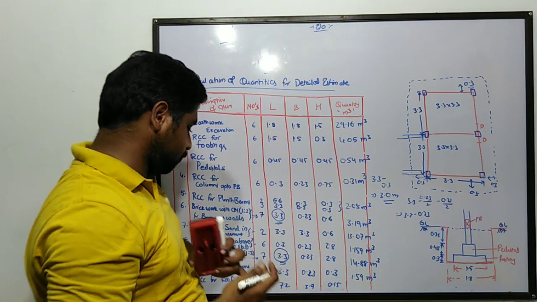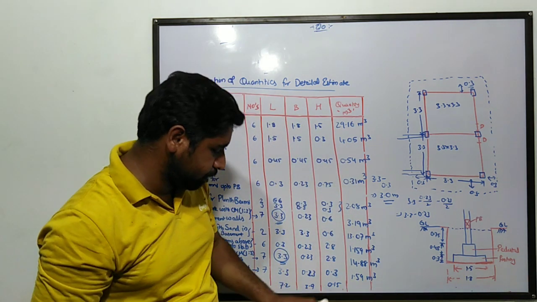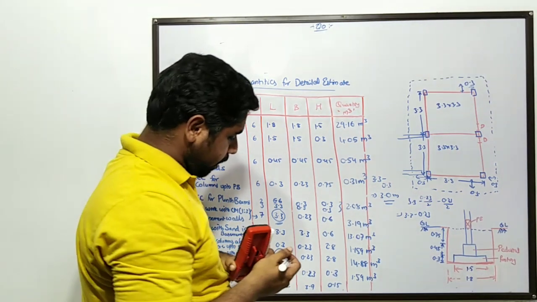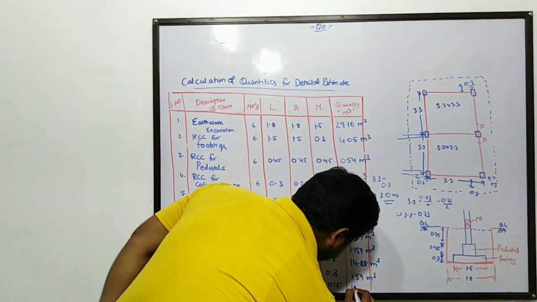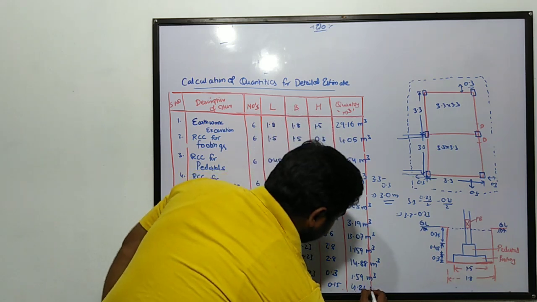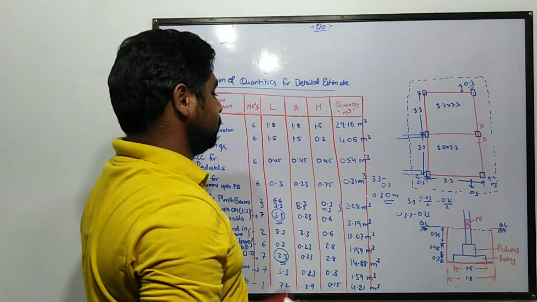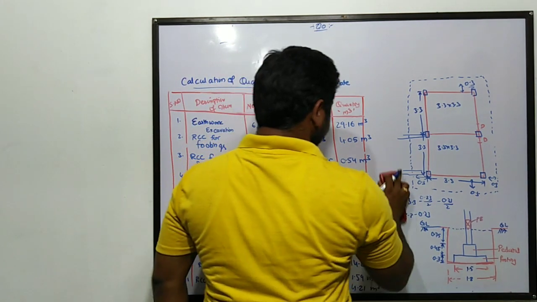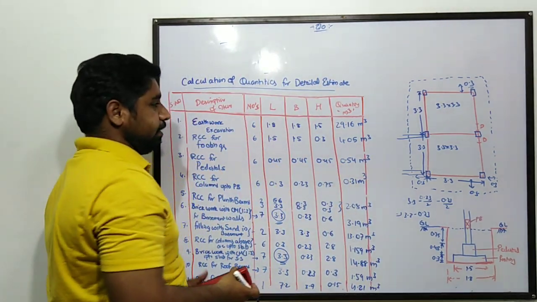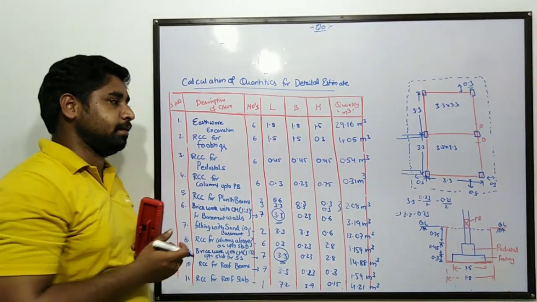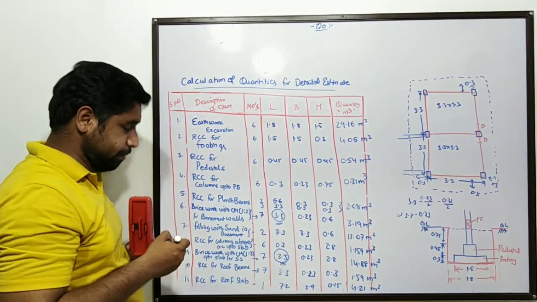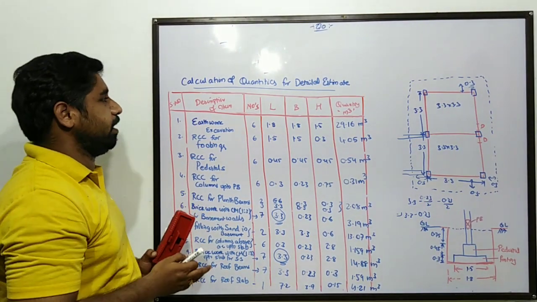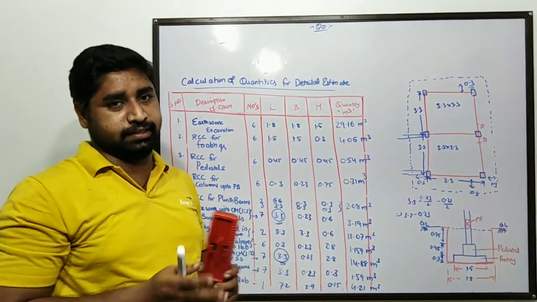Next one, RCC for roof slab, 1 into 7.2 into 3.9 into 0.15, that is around 4.21 meter cube. So these are the quantities we have calculated now for the simple plan we have taken with simple dimensions. So this is the way to calculate the quantities.